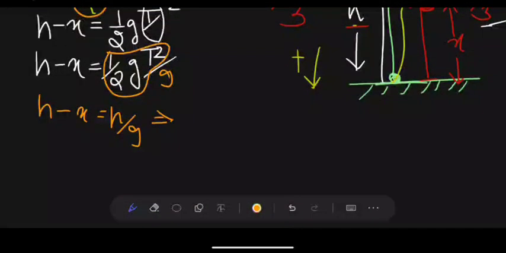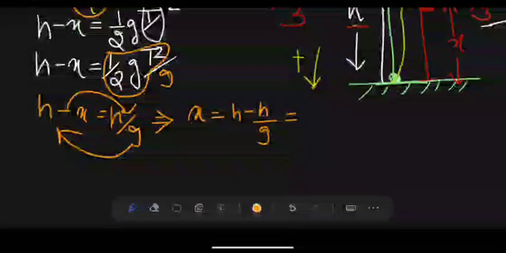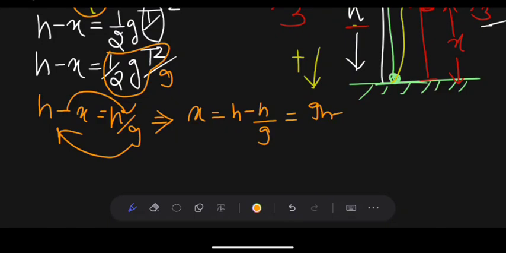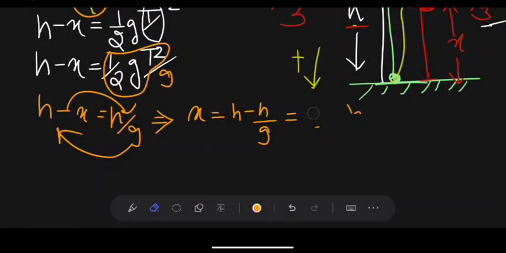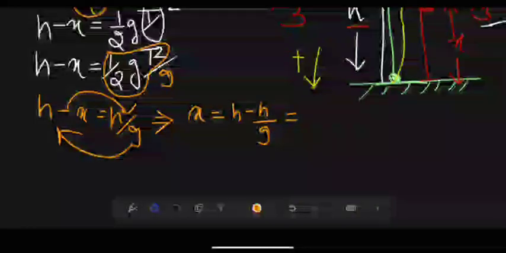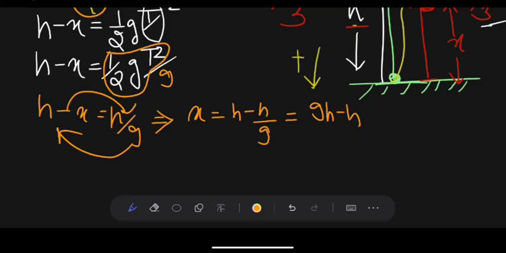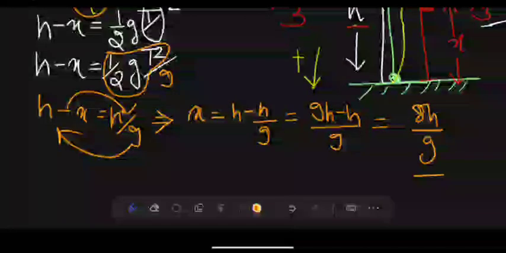From here we will get the value of x. We have to find the value of x. So x will come this side, and this will go that side. So x is equal to h minus h by 9. This is going to be 9h minus h by 9, that is 8h by 9 from the ground.